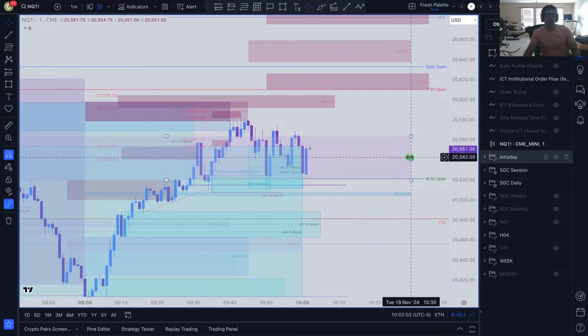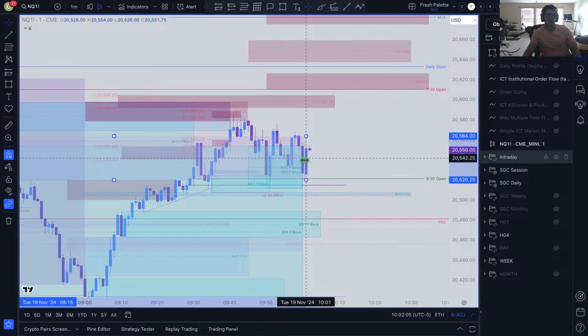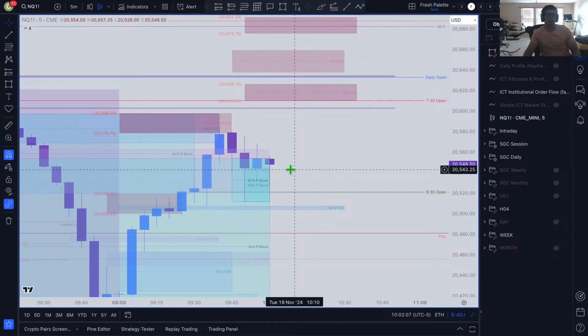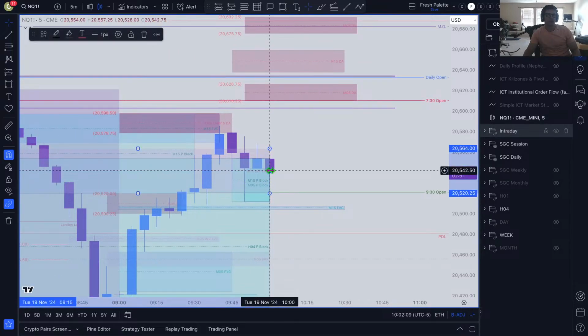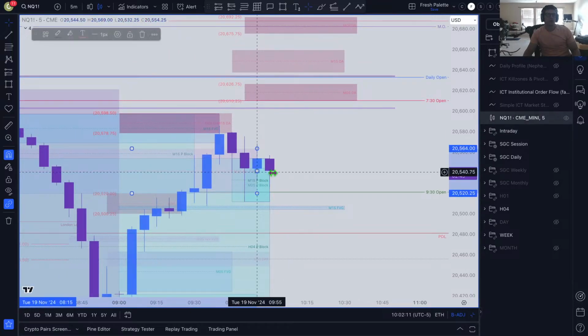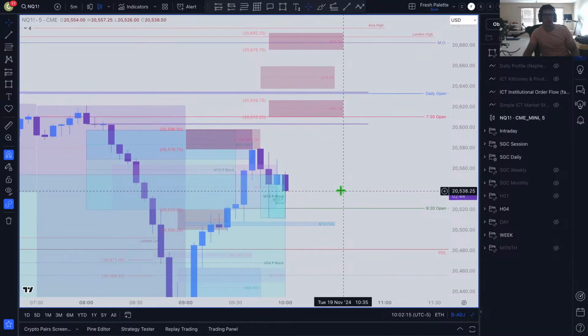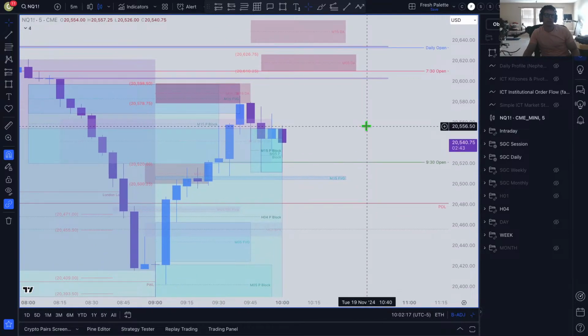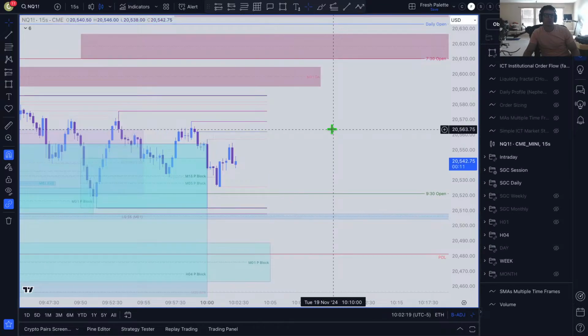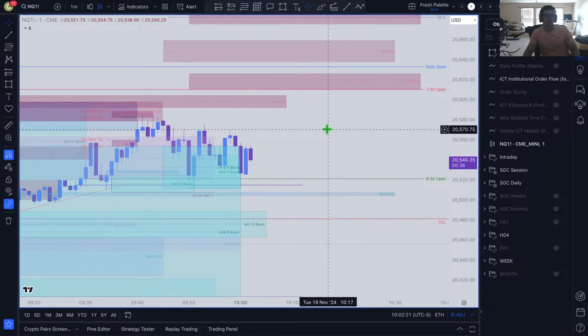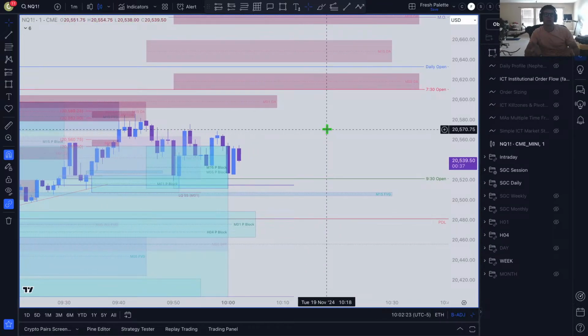You're still arguably holding this inversion on the 15. Right, something else to note is that inversion has been tested and we've held the mean threshold, consequent encroachment, I guess, on fair value gaps. But I don't see a good manipulation on the 1 minute to trade this.